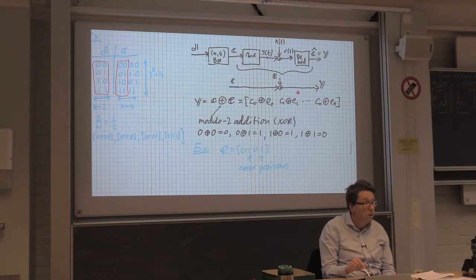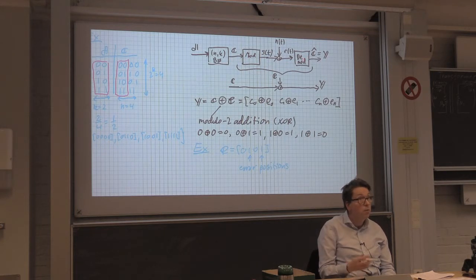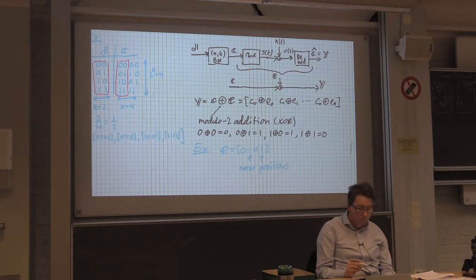It's important that we understand that, and that E here summarizes everything that happens here from the perspective of which bits are received in error. Okay. So if we specify E, we don't need to know anything about what's going on in the channel.